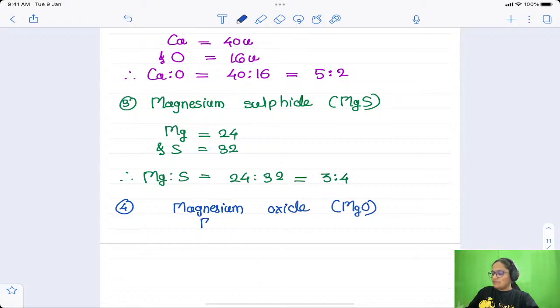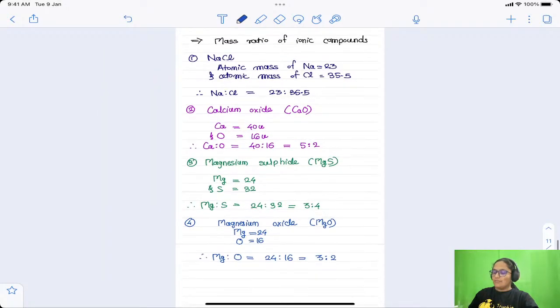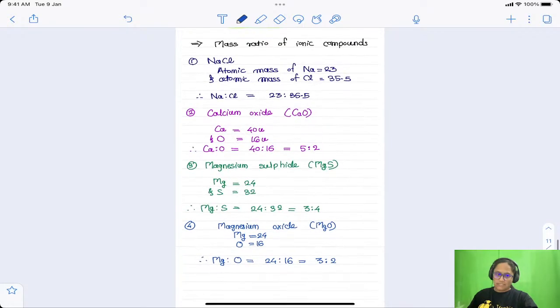For magnesium mass number is 24, and for oxygen it is 16. Therefore magnesium to oxygen ratio will be 24 to 16. Here also I will divide it by 8, so it will be 3 to 2, right? 3 to 2. So this is how we can find out the mass ratio for ionic compounds as well.